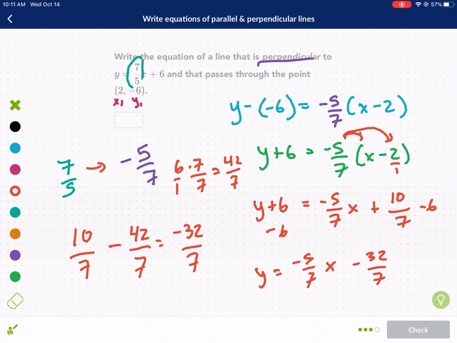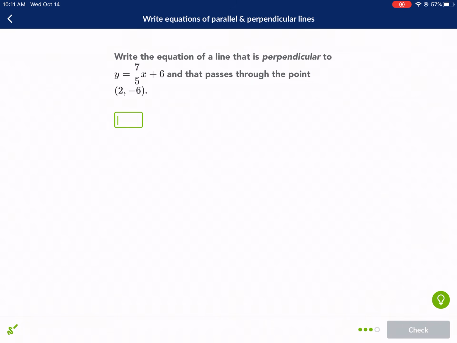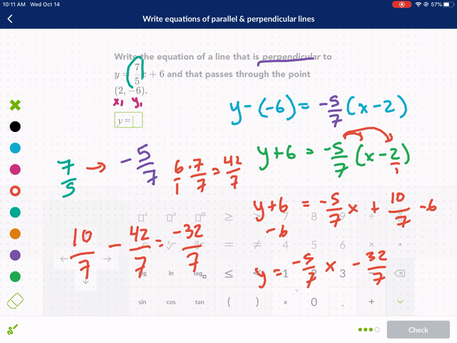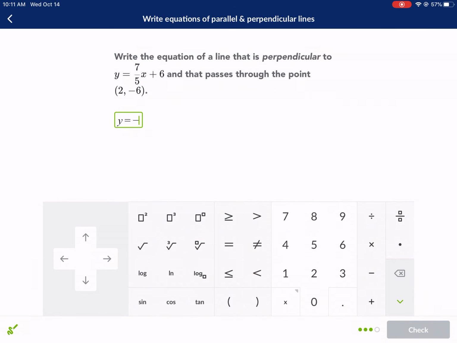Okay, so now I just need to write this out. Y equals, we got a couple fractions here, really making it easy for us. It's not. Okay, so y equals, oops, I got xy accidentally. Y equals, and then we have negative 5 over 7, so negative fraction 5 over 7, x.